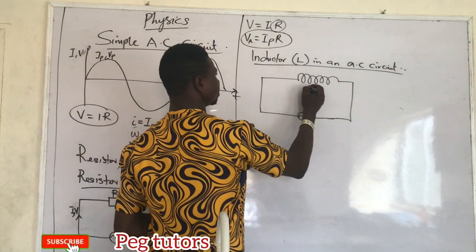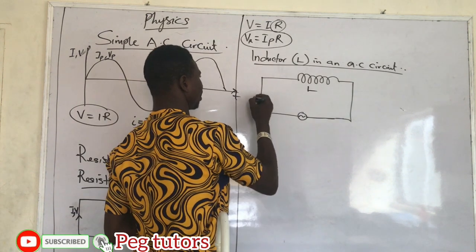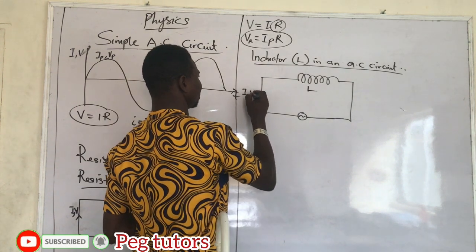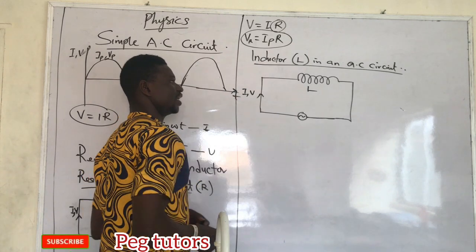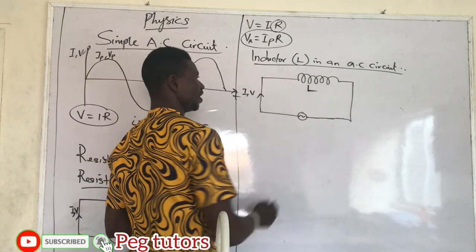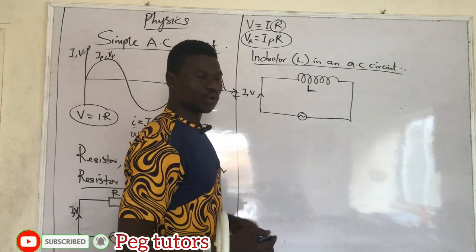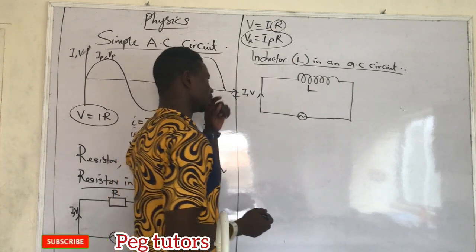So you have this as L, inductor, while the AC current and AC voltage are flowing directly into the inductor. Now the question is, for an inductor, what is the effect in an AC circuit?